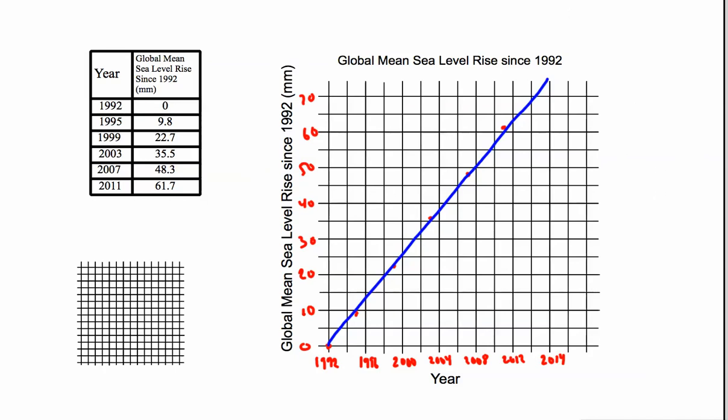For example, we might want to know what the sea level rise will be by the time 2013 rolls around, which happens to be this year, and we can use the graph to sort of read up. 2013 is right there, and read on over, and we would guess that based on this graph that in 2013, the sea level rise since 1992 will be equal to, it looks like maybe 72 millimeters. So that's a neat thing you could also do.